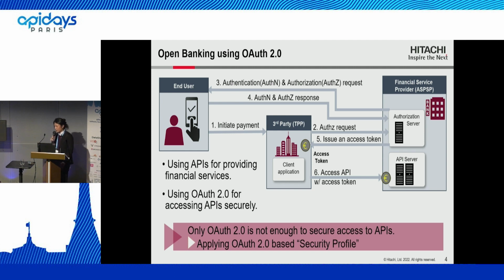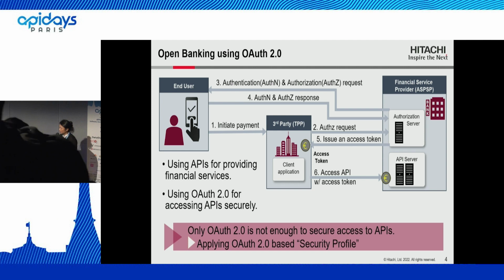To prevent such problems, the OAuth 2-based security profile is generally applied. This security profile describes how to use OAuth 2 authorization protocol securely in such use cases.